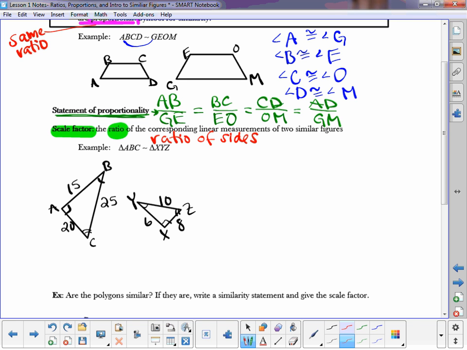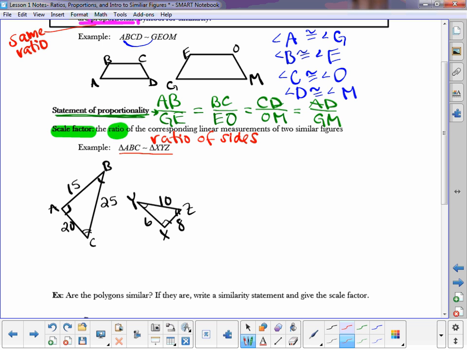So for example, our triangle down here, we have that the angles are congruent. We can see that angle A is congruent to angle X. We can see that angle B and angle Y are congruent, angle C and angle Z are congruent. So they took care of the fact that our angles are congruent. But what we need to check to see is, do the corresponding sides have the same ratio? If so, then that's my scale factor. Alright, so let's take a look at this. Now here they gave me my similarity statement.